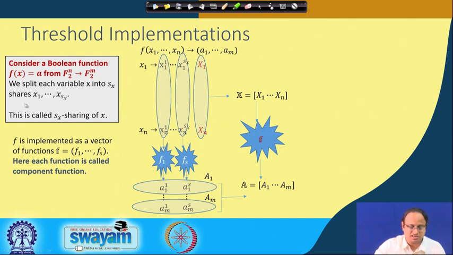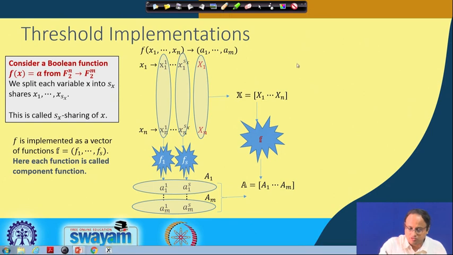Basically that means that if I take x, I split x into x1, x2 like this, to x Sx. So, there are Sx shares of x. That means if I XOR these things, I should get the original data.